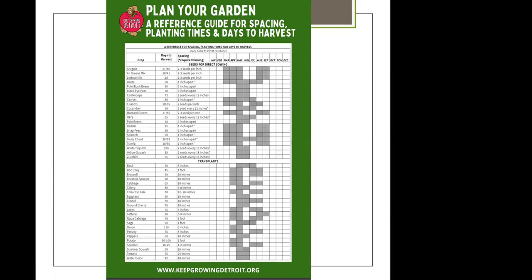On the second page of it, it lists the recommended plant spacings for the vegetables and fruiting crops that we're giving out. So it's separated by seeds and by transplants. This one also includes our hot crop and cool crop and some fall crop plants. On the right of this list, the harvest times for those crops.